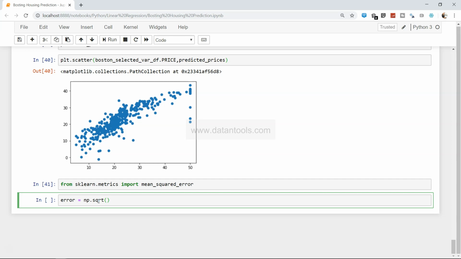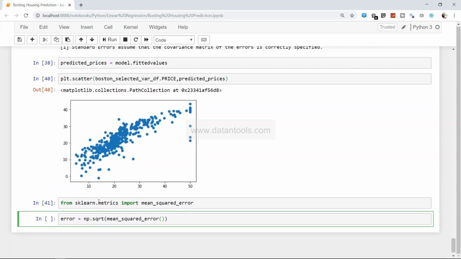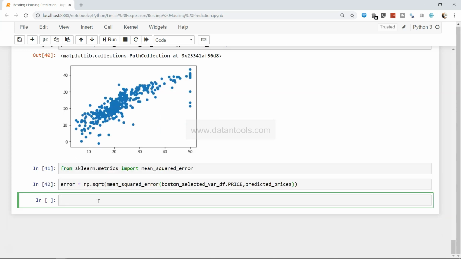So np.sqrt of mean squared error, with the test values, which is nothing but the prices, Boston.price, and predicted prices.